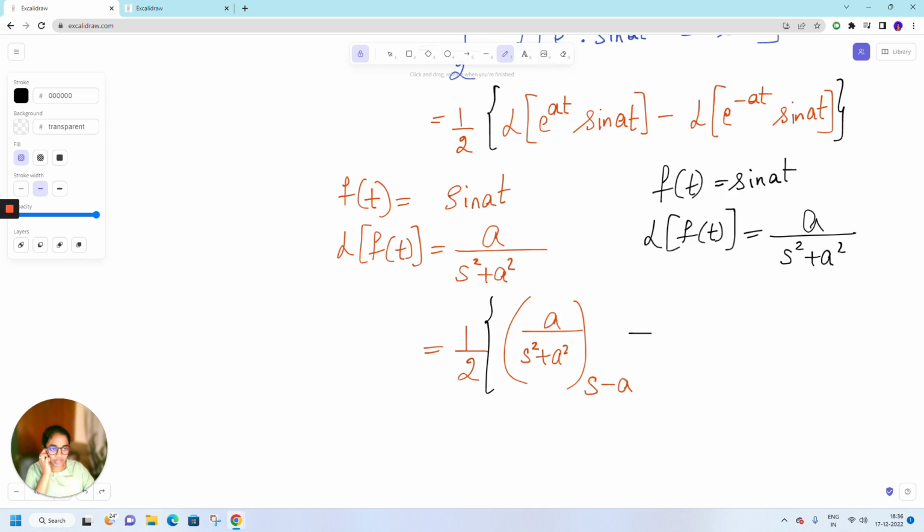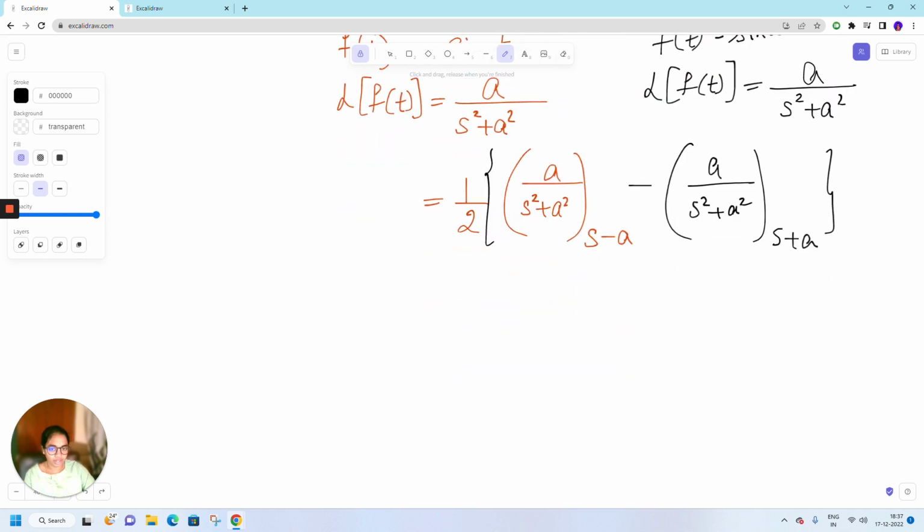Now a divided by s square plus a square. Replace s with s minus of minus a, because we have a minus here. So that would be s plus a.